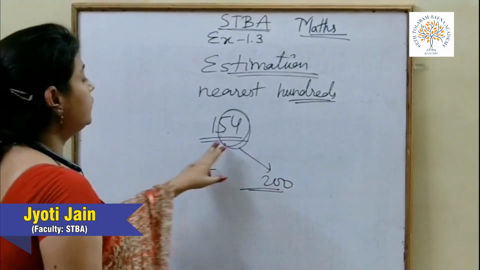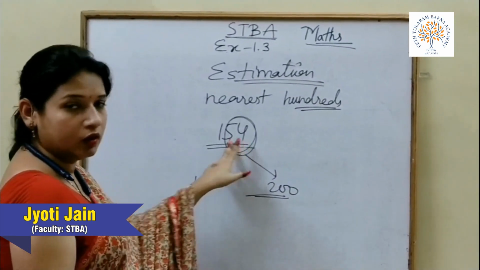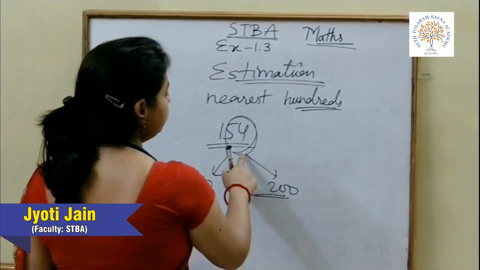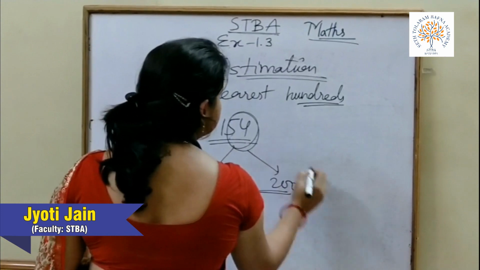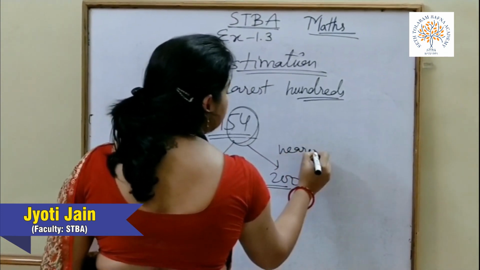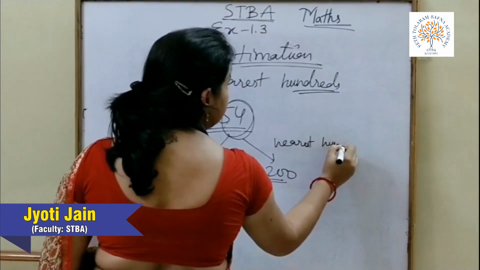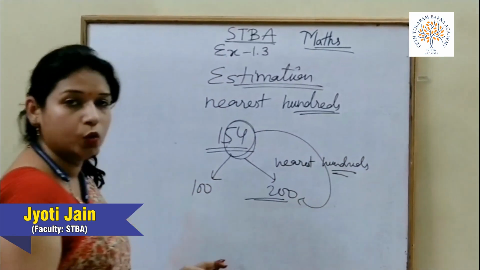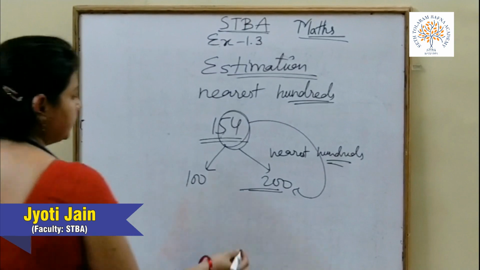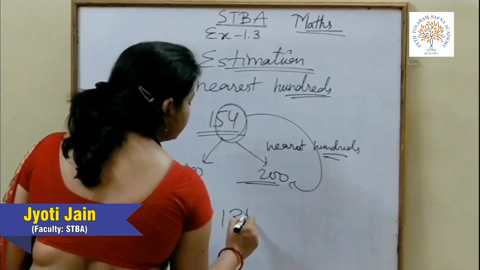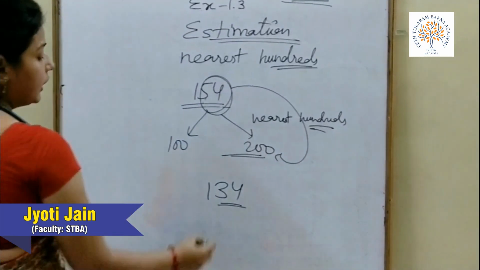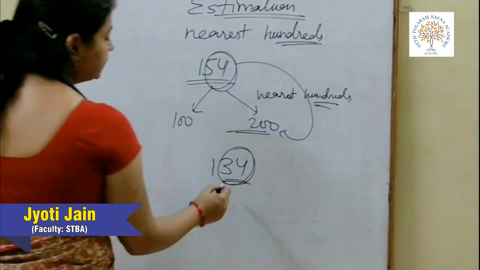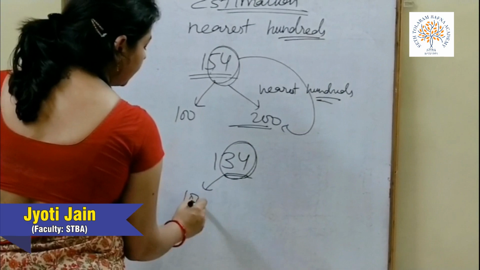The last two digits are 54, which is greater than 50, so it will be converted as 200. So the nearest hundred of 154 will be 200. One more example is 134. Here the last two digits are 34. 34 is less than 50, that's why it will be converted into 100.